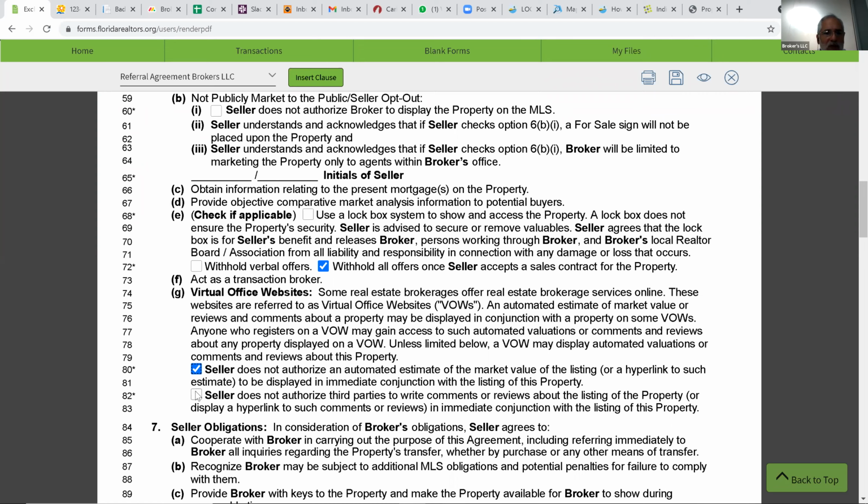This also, I always suggest to check mark this box because I don't want anyone just giving opinions on my listing. It's the same as when you want to go to a new restaurant or a hotel, and the first thing we see is the reviews.